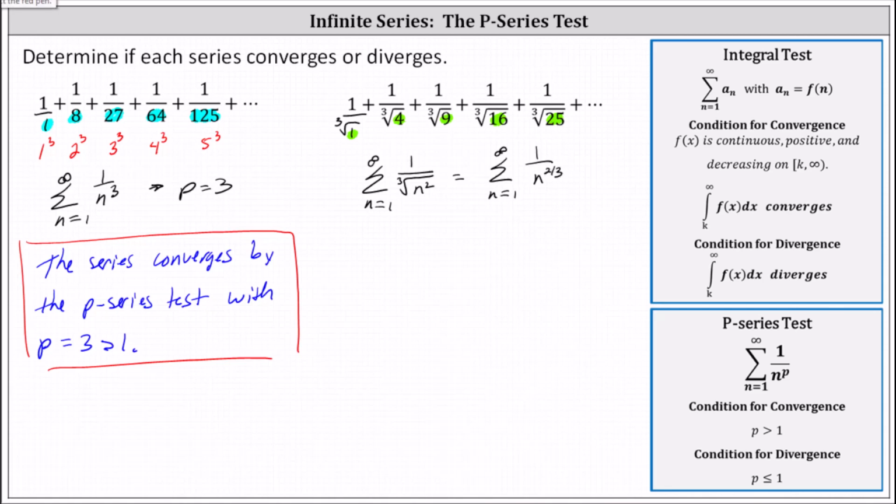Recall, when converting from radical form to rational exponent form, a to the power of m divided by n equals the nth root of a to the power of m. So once again, by the p-series test, notice now we have p equals 2/3, which is less than or equal to 1, and therefore the series diverges by the p-series test.